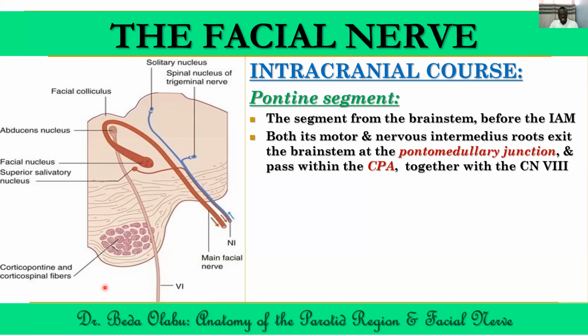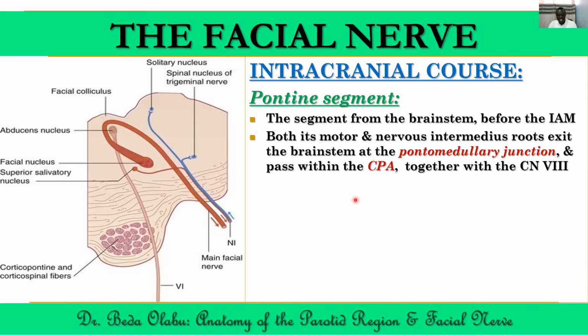Both roots, which means that the facial nerve proper and the nervus intermedius component, come out as separate entities at the cerebellopontine angle. Remember, the cerebellopontine angle is actually near the junction between the pons and the medulla, so we can call it the pontomedullary junction. They're not necessarily the same concept, but that's where the facial nerve comes from.